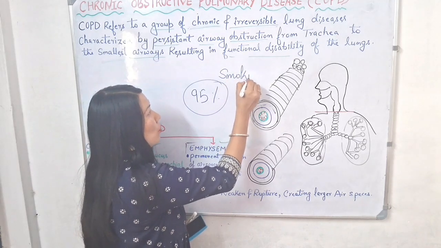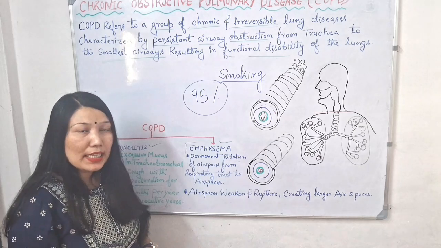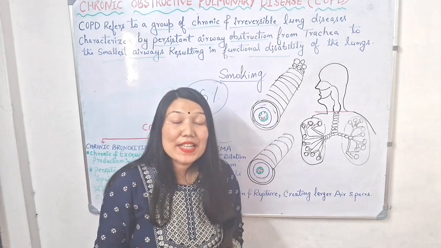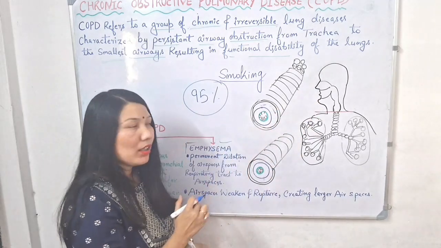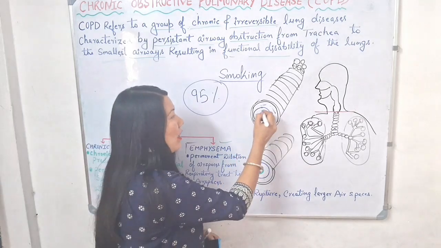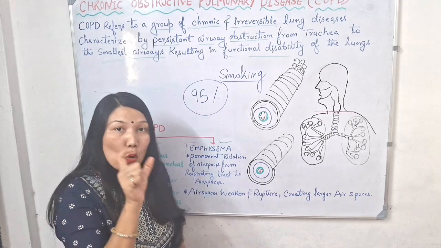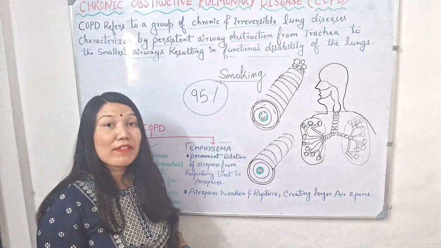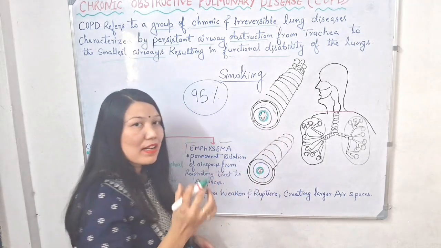Before discussing the smoking condition, we know that our trachea and respiratory tract have 4 layers. Suppose this is our bronchi. It has 4 layers. The inner layer, the green one, is the mucosa layer, composed of columnar epithelial cells with several cilia present.